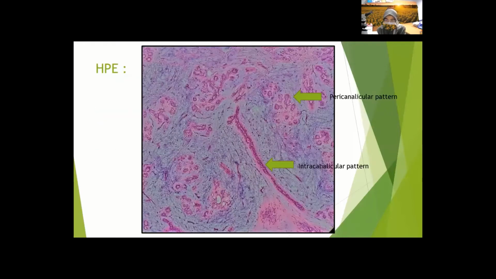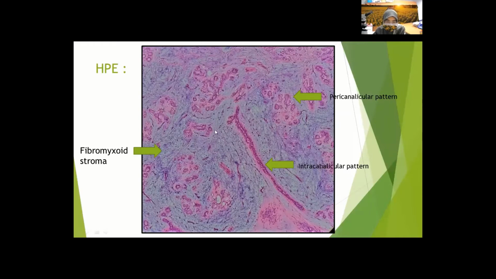After that, they received the HPE, a well circumscribed lesion about 2 centimeters in size, and it shows very typical proliferation of the duct epithelial as well as the stromal component.